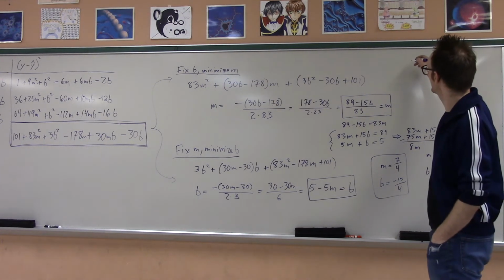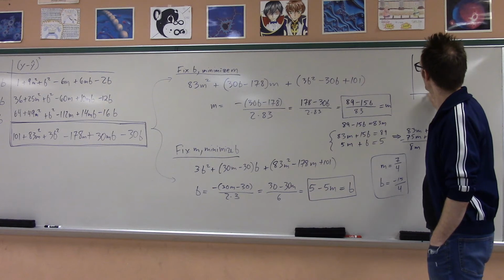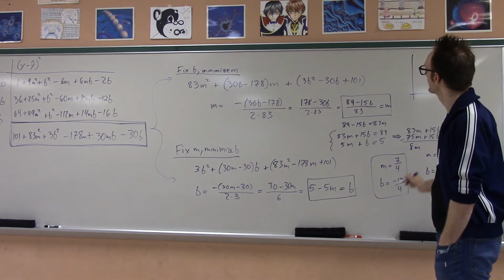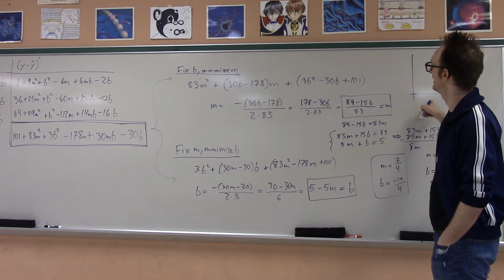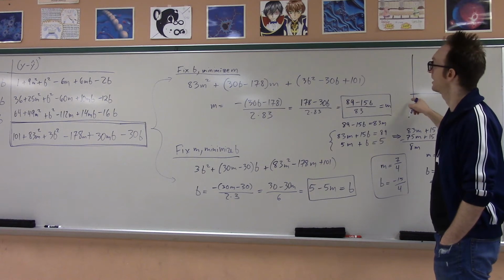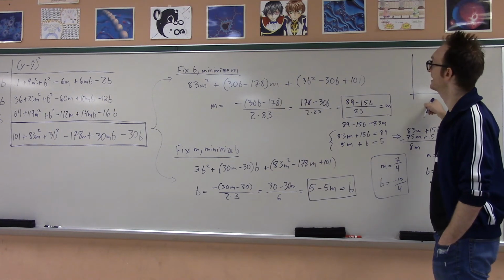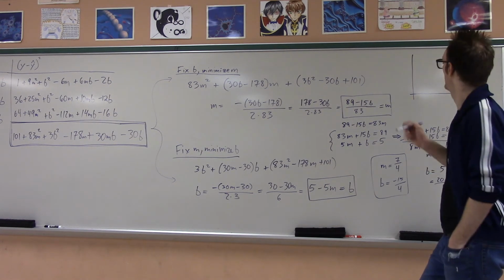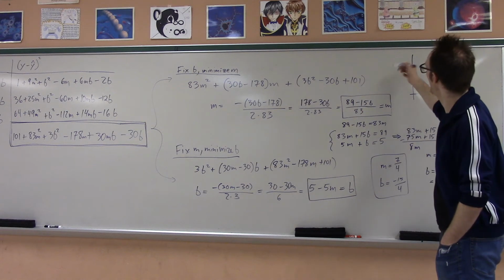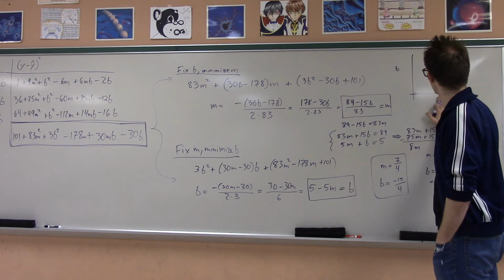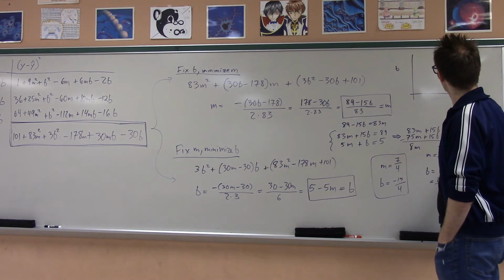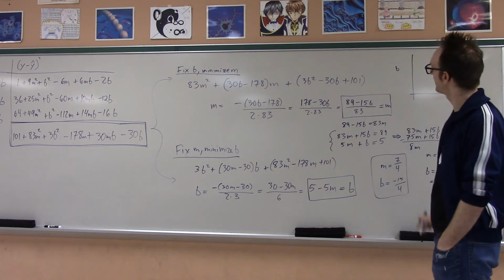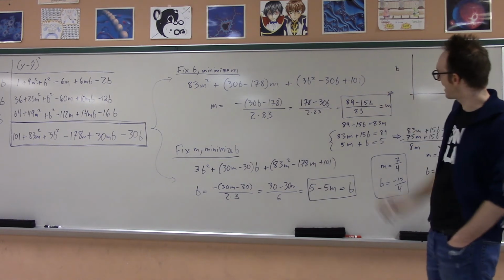Here's how I like to think of it. You sort of have two axes here. You have the m axis and the b axis, and here is what this first box is saying.